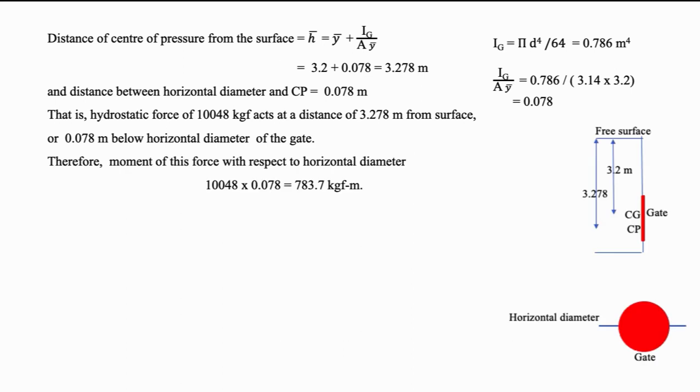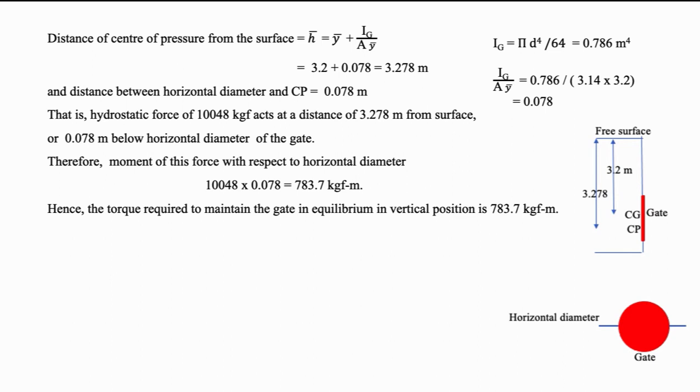Therefore, the moment of this force with respect to horizontal diameter is 10,048 into the lever arm 0.078, which comes to 783.7 kilogram force meters. Hence, the torque required to maintain the gate in equilibrium in vertical position is 783.7 kilogram force meters.